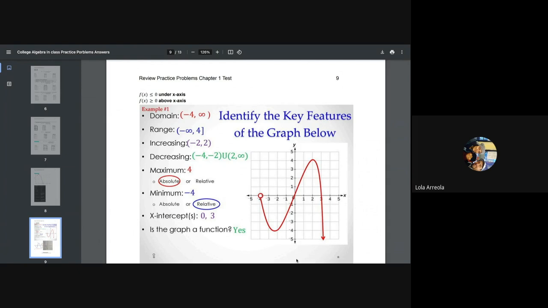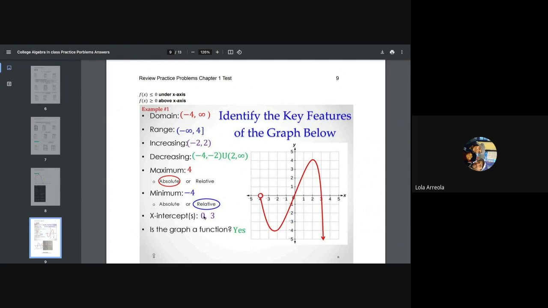So it goes from -infinity to, what's my highest point? It appears to be 4. There's no arrows going this way, so it appears to be 4. So it goes from -infinity to 4, and then at 4, is there a point there? Yes, there is. There's no open circle. It's including 4. So I have a bracket.